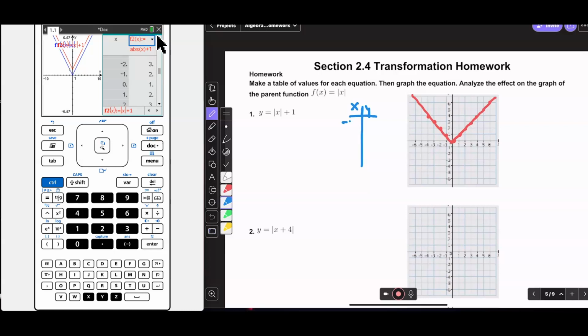So we have negative 2, 3, negative 1, 2, 0, 1, 2, 3. And so here are the points. And like I said, we noticed that the new function did shift up 1 unit.